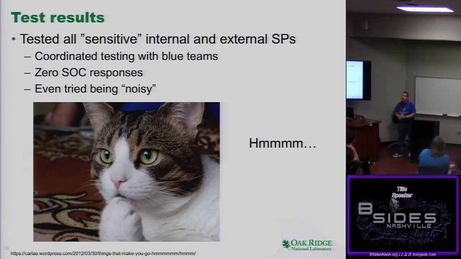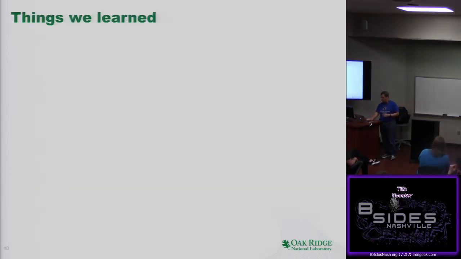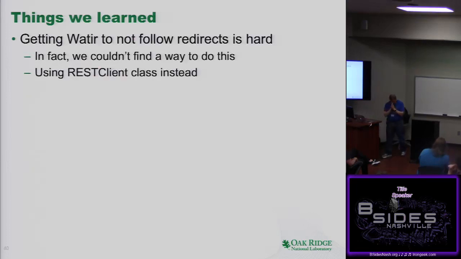And it has caused me to ask some questions of our SOC in terms of some alerts that we might want to look at for things where we ourselves are the SP and we're working with external service providers. But it did cause me to go, I would have expected a little bit more of a response. So there are some things that we learned.